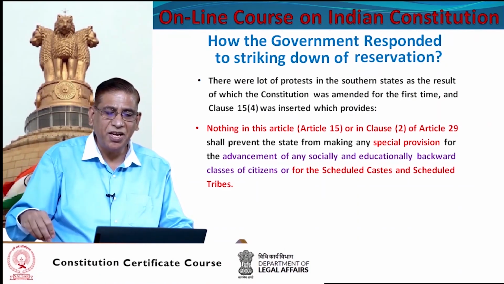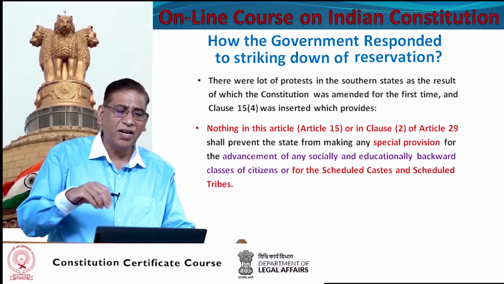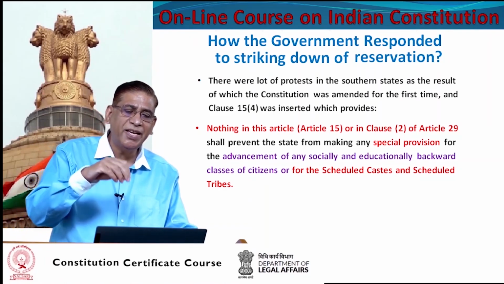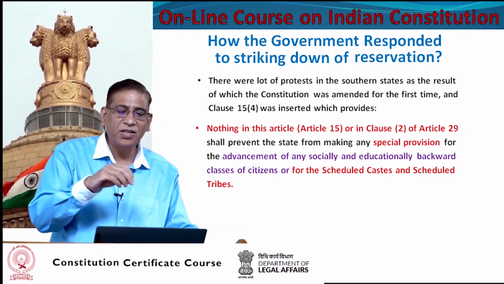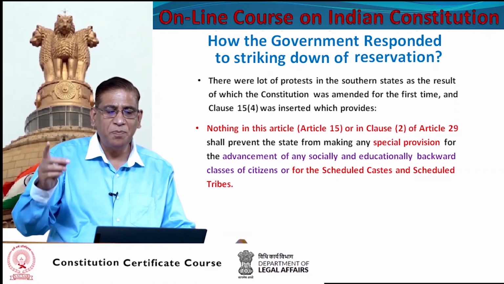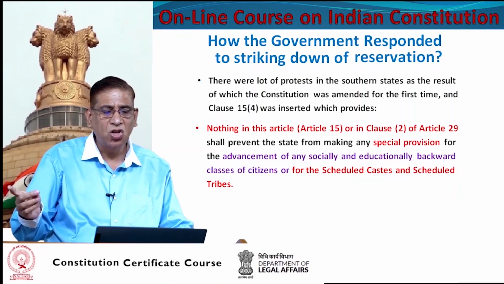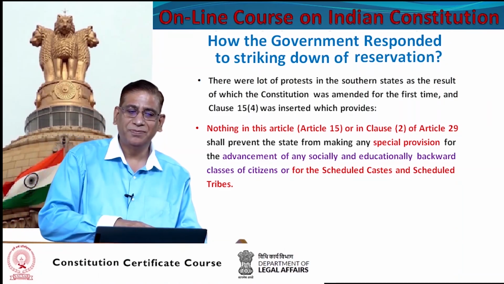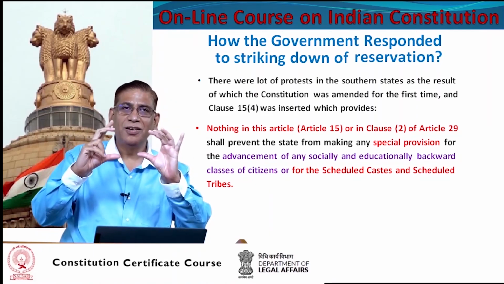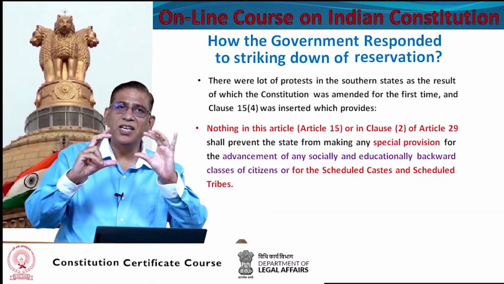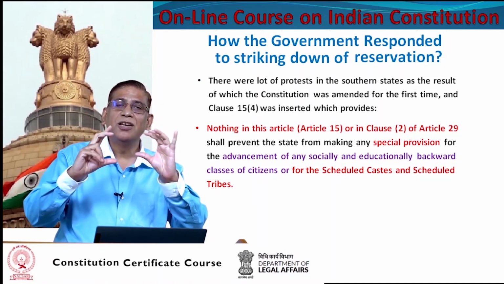Nothing in Article 15 or in Clause 2 of Article 29 shall prevent the state from making any special provision for the advancement of any socially and educationally backward classes of citizens or for the scheduled castes and scheduled tribes. It is this provision under which subsequently all reservation policies in admissions will be framed.